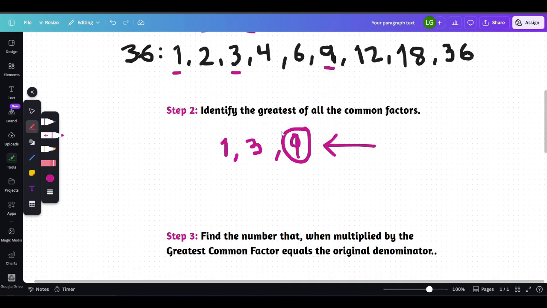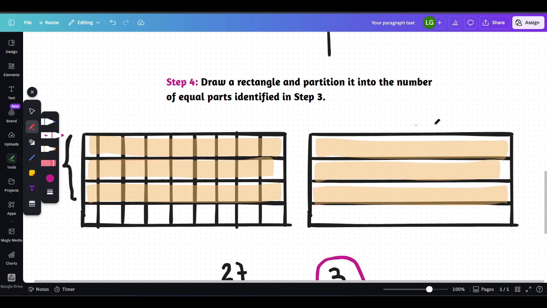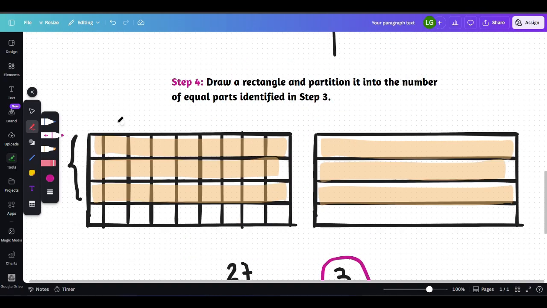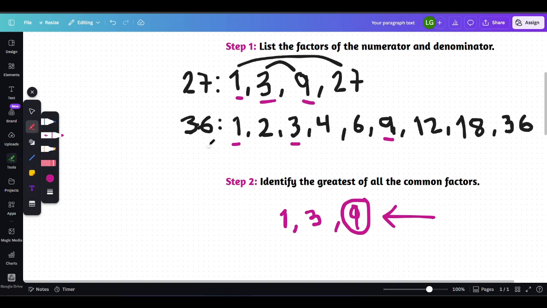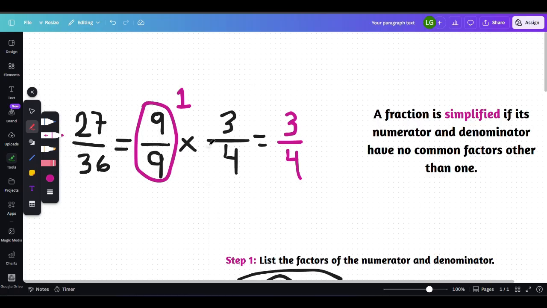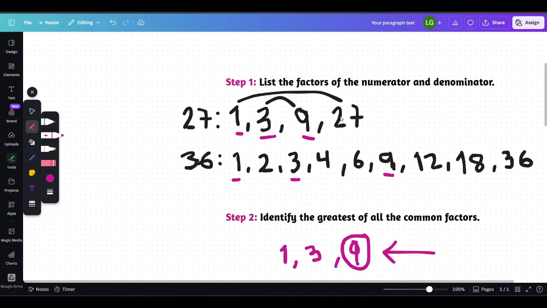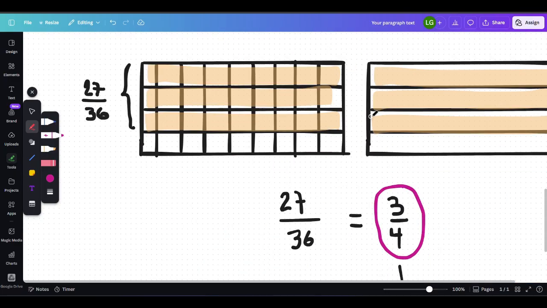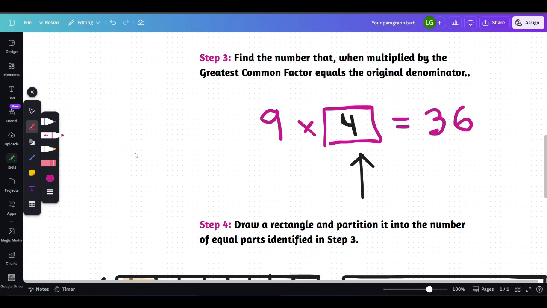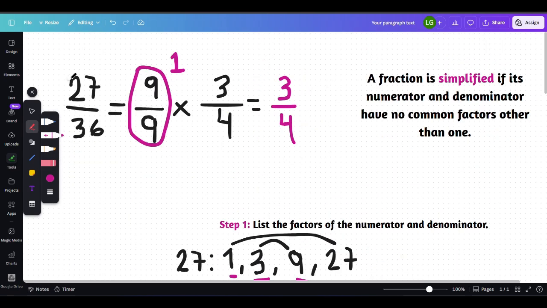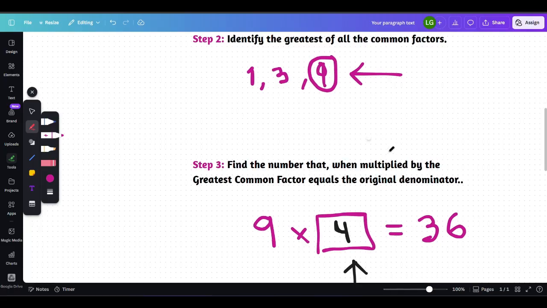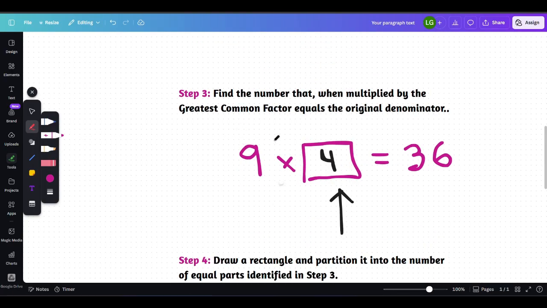And if we use our greatest common factor, there is no need to do the visual model, but it's always helpful to have a visual model of it because if we have a representation of it, sometimes it's easier for us. But when you are able to manage these skills, you will be able to simplify the fraction using only our greatest common factor.